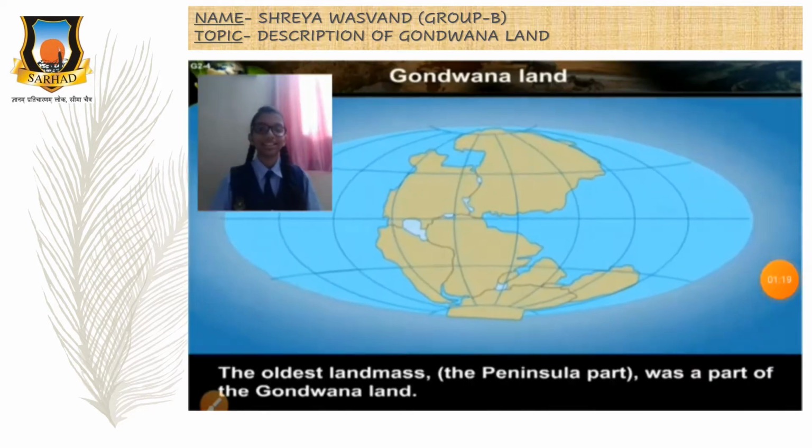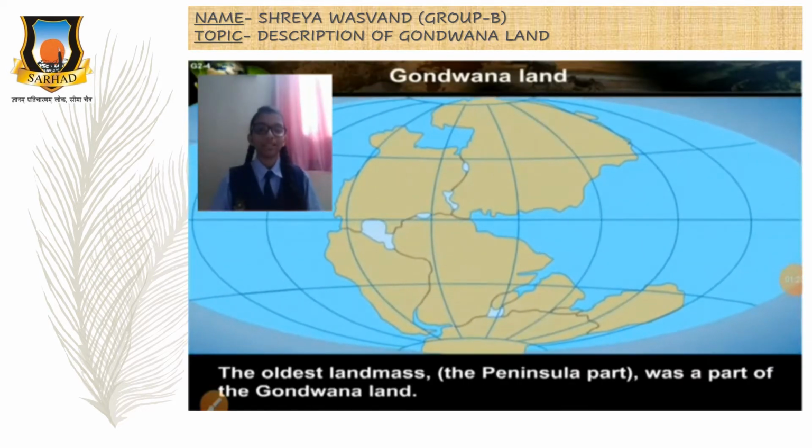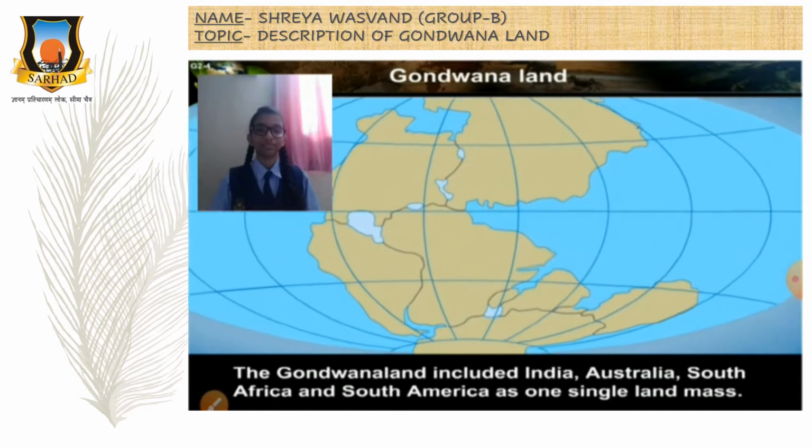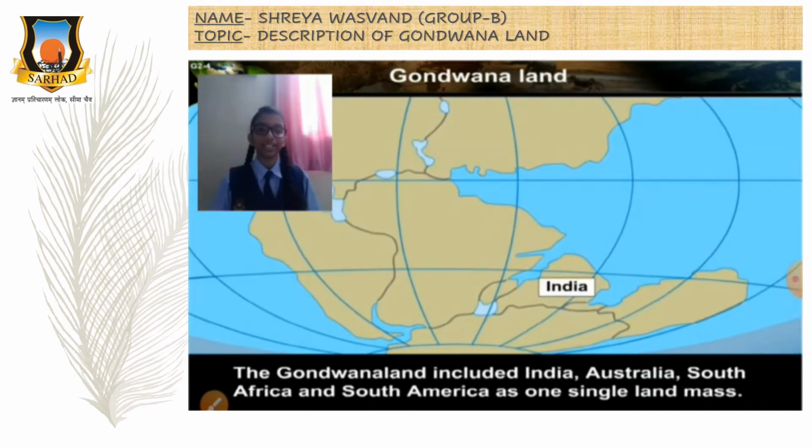Let's start. The oldest landmass, the peninsula part, was a part of the Gondwana land. The Gondwana land included India, Australia, South Africa and South America as one single landmass. Can you believe it?